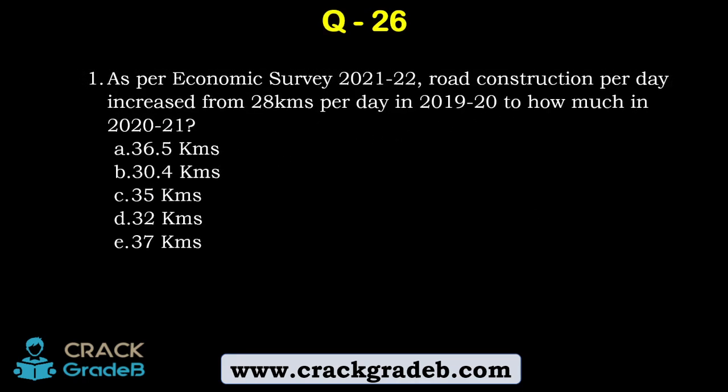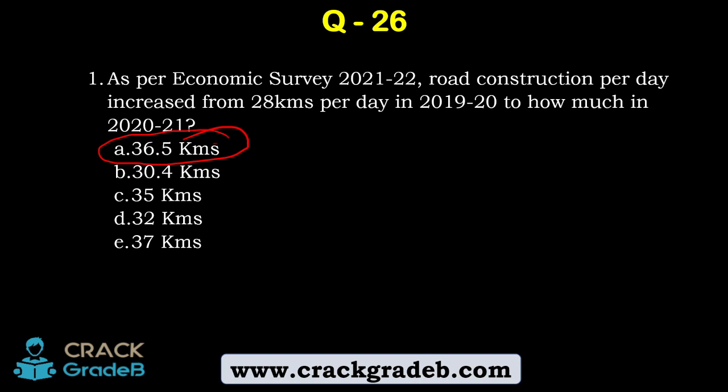As per the survey, road construction per day increased from 28 kilometers per day in 2019-20 to how much in 2020-21? So, the Minister for Road Transport and Highways has used the lockdown, and even the Ministry of Railways has used the lockdown extensively to upgrade their system. Railway got this opportunity to upgrade because there was no train traffic for a very long time during the first lockdown, right?